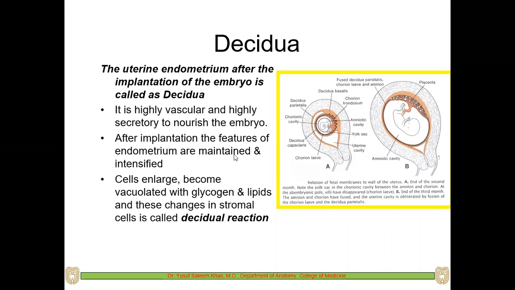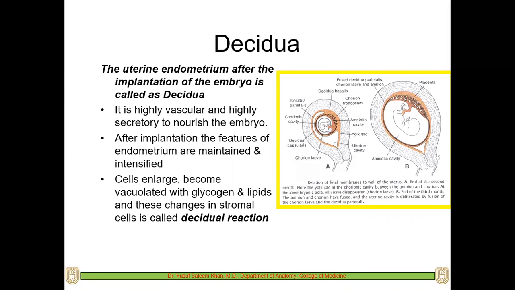After the implantation, the features of the endometrium are maintained and intensified. So with the implantation, the endometrium develops further. If there is no implantation, it will shed at the 28th day, as you know, as the menstrual cycle begins. But with implantation, there is no shedding.